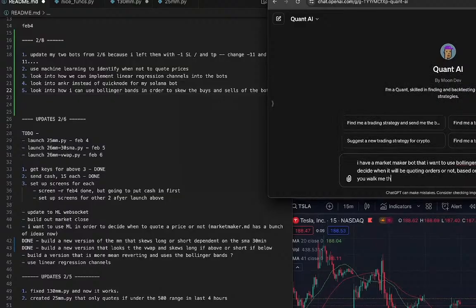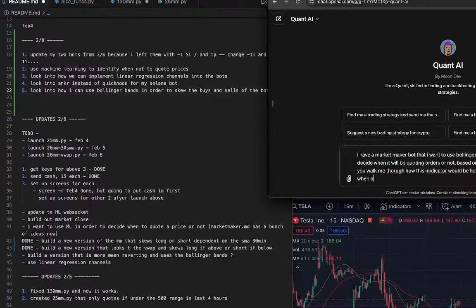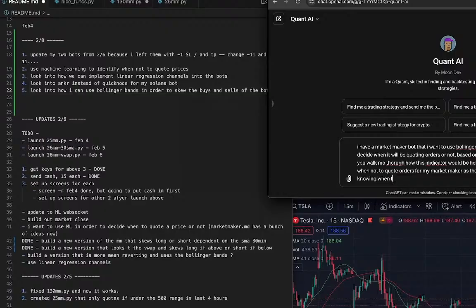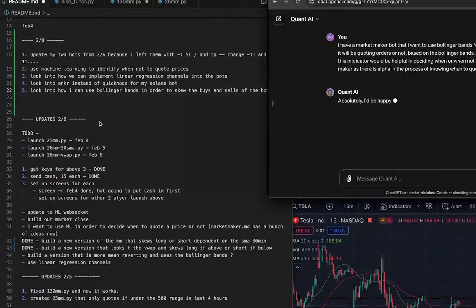Can you walk me through how this indicator would be helpful in deciding when or when not to quote orders for a market maker, as there is alpha in the process of knowing when to quote orders or not. Okay, so we'll have them ask that.